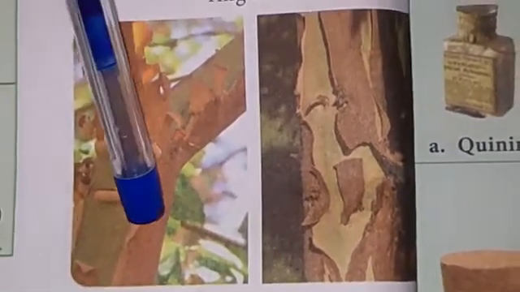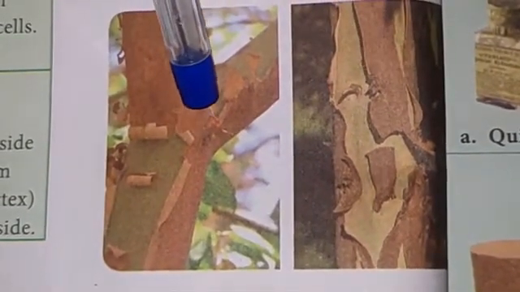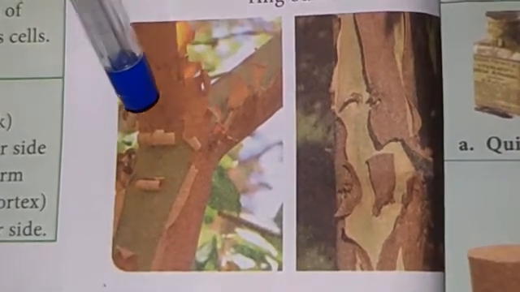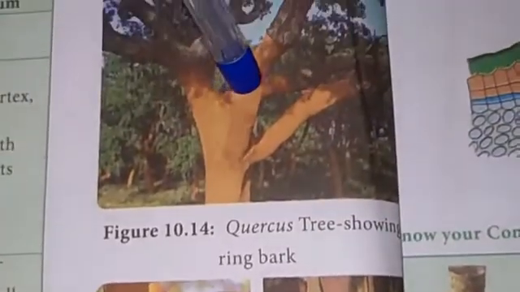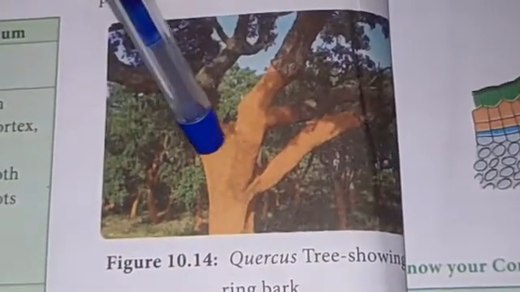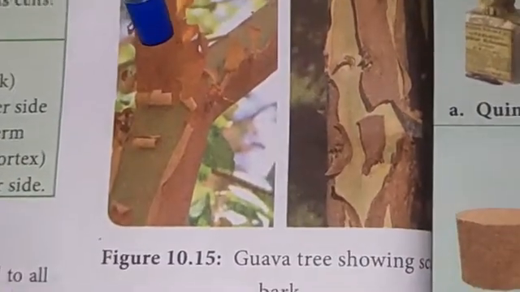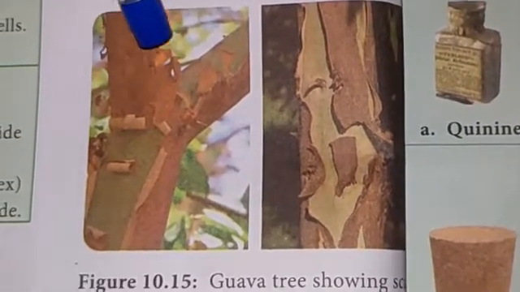Ring barks normally do not peel, so they are non-peeling type, whereas in guava the bark is a peeling type, that is scale bark.